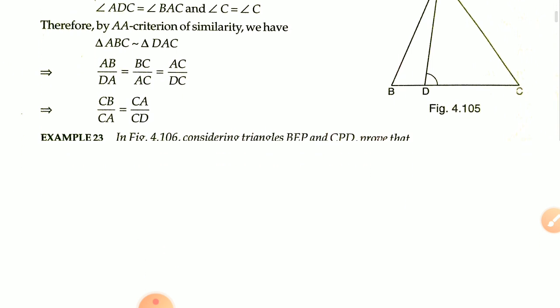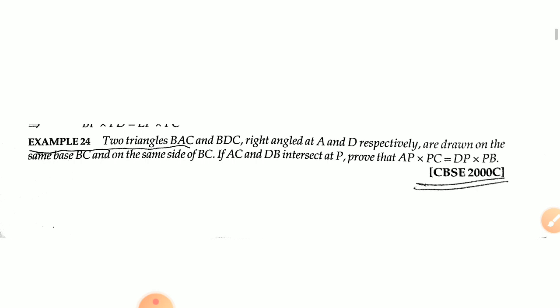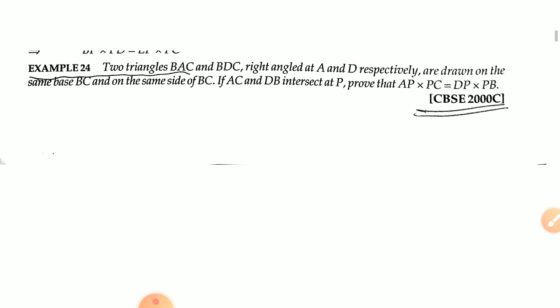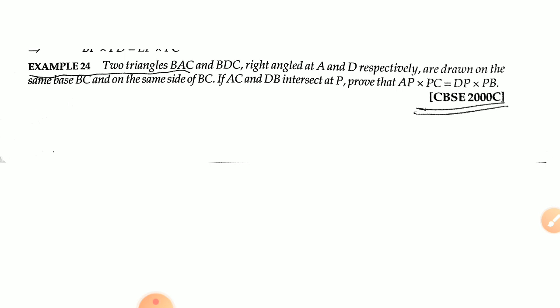Now we will see another question. Here the question is that two triangles BAC and BDC, right angled at A and D, means triangle BAC is right angled at A and triangle BDC is right angled at D respectively, are drawn on the same base BC and on the same side of BC.